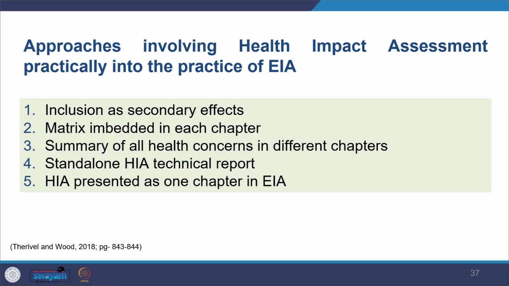While doing health impact assessment, you can give the information as a secondary effect of the environmental assessment also. For example, while you are discussing in the form of a matrix, human consumption of fish would appear in the EIA section on fish and fish habitat.